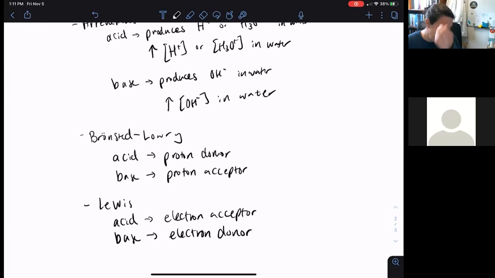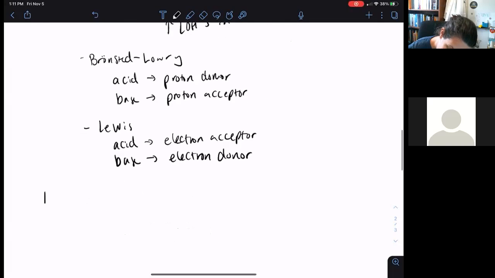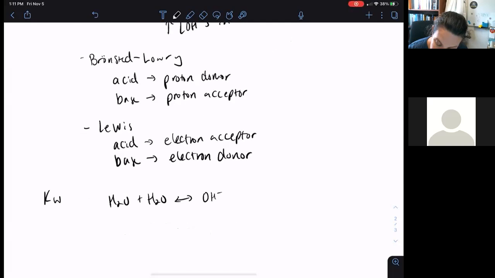You should know what the KW is. So the equilibrium constant for water, or the dissociation of water. So if you have two water molecules together, they're going to react to produce hydroxide and hydronium.